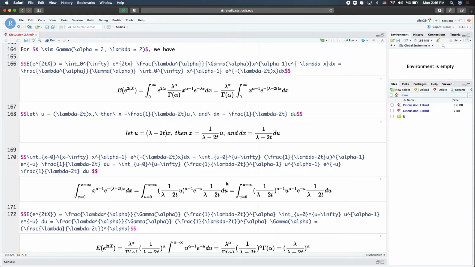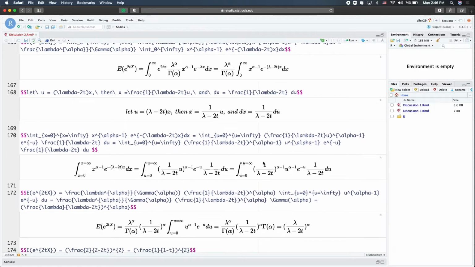Here I move the u raised to the power of alpha minus 1 outside the parenthesis, so additional u to the alpha minus 1. And then this 1 over lambda minus 2t will cancel out with this minus 1. So we are only left with this raised to the power of alpha, and we can move it outside the integral, and this will be a constant term.